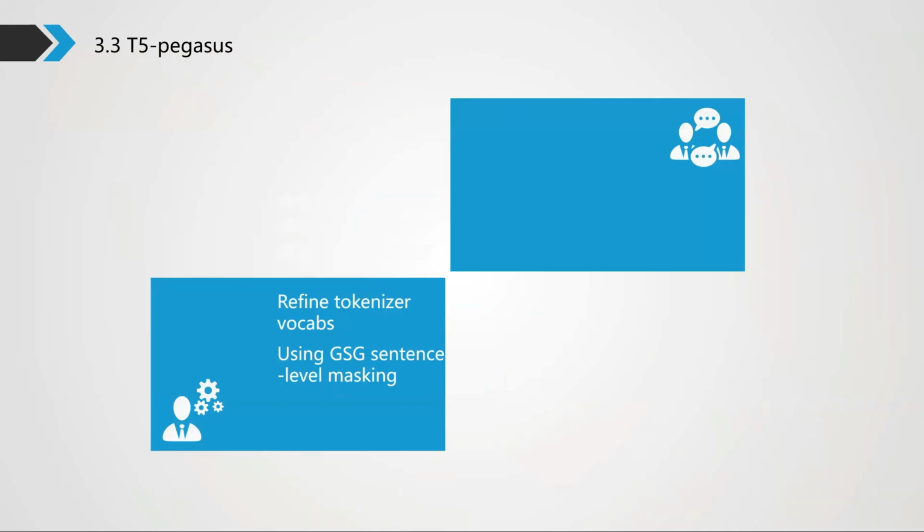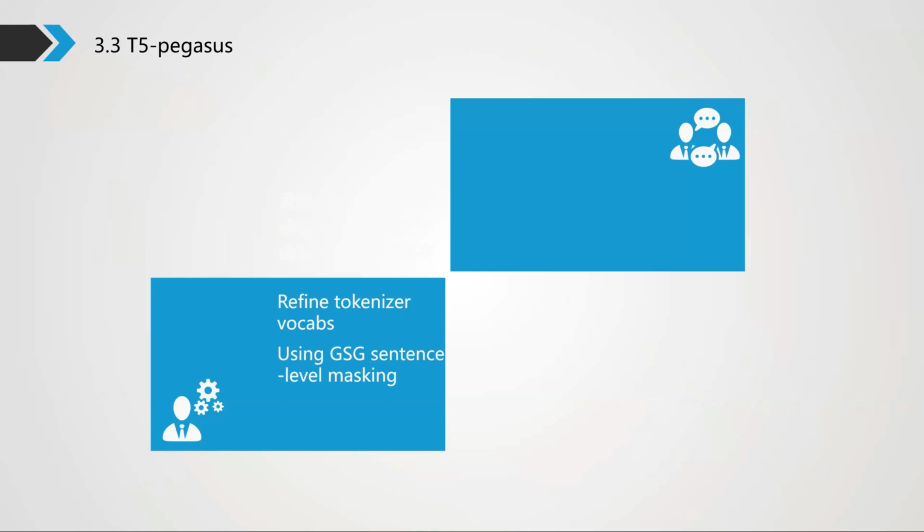And about the T5 Pegasus model, it adds the word segmentation function to the BERT tokenizer, improves the word segmentation table, and takes the first 100,000 words after jieba word segmentation to the original Chinese BERT character token dictionary, and then modifies the internal structure logic of the tokenizer so that the tokenizer can segment the vocabulary.